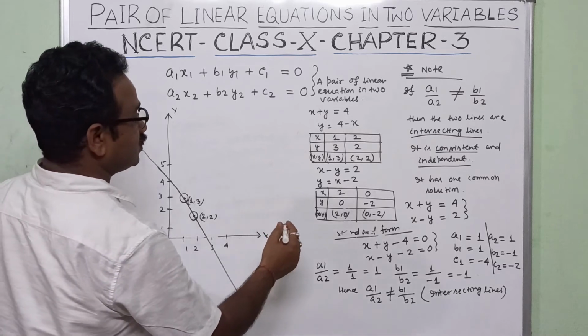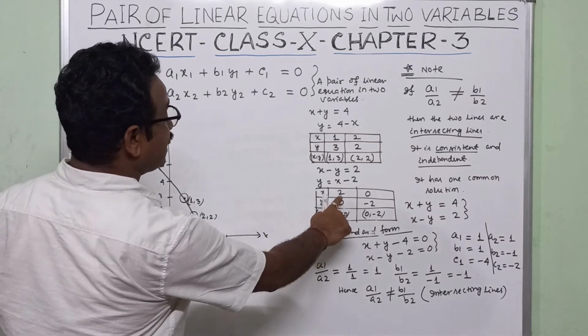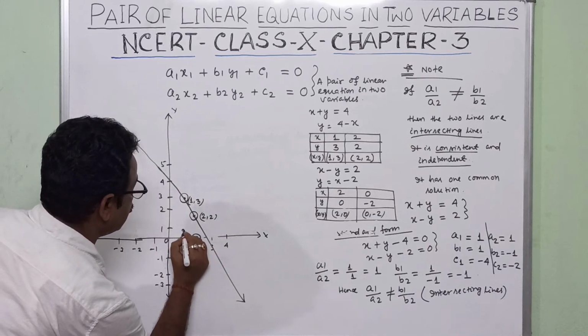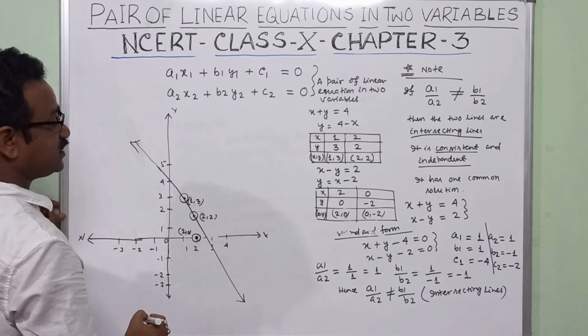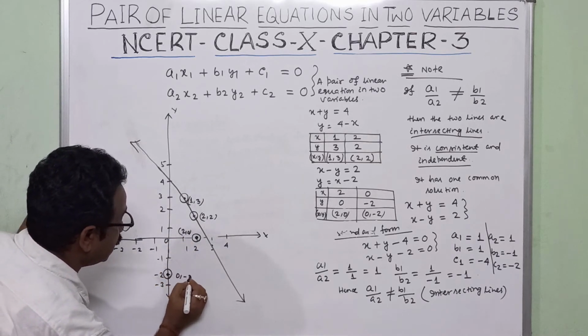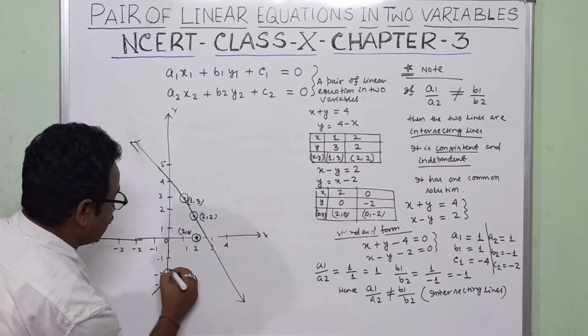Now here another one (2, 0), and (0, minus 2). Now join these two.